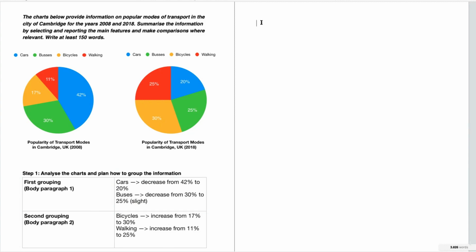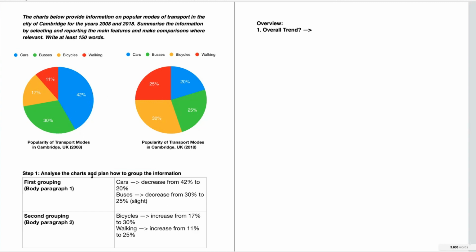Now, before we actually start writing our essay, remember we have that additional step, which is looking at the overall trend. Now, this is for our overview paragraph. We have to understand what is the main point, not really looking at specifics, but the overall information in this area. And so basically, we can see that walking and cycling became more popular with time, and cars and buses became less popular between the years 2008 and 2018.